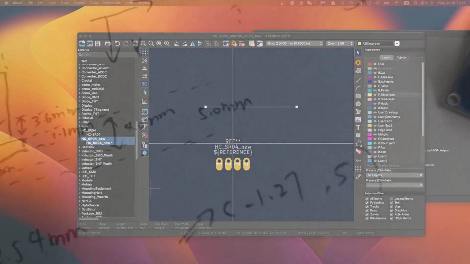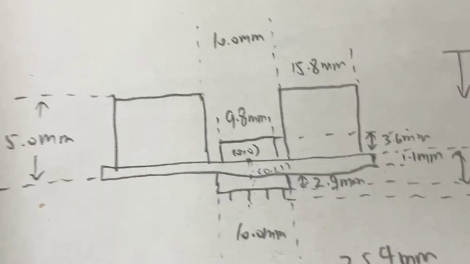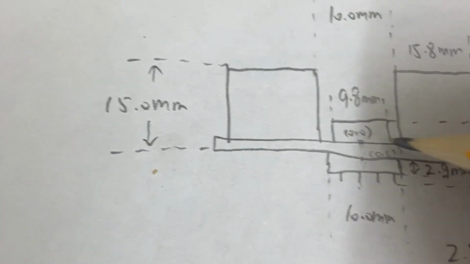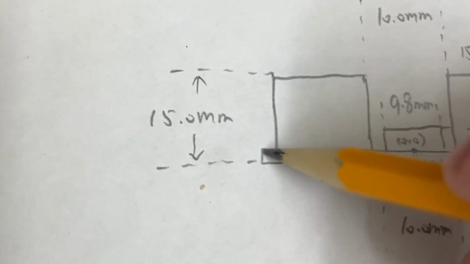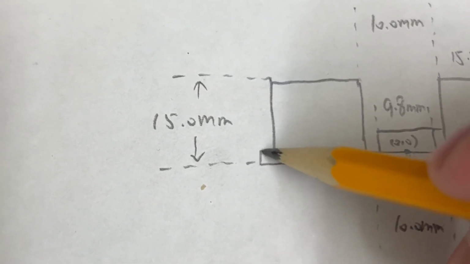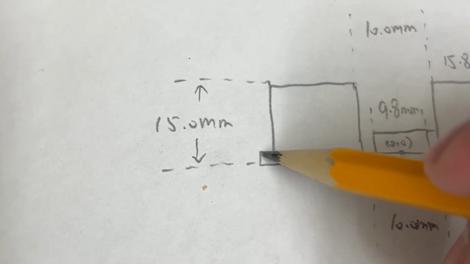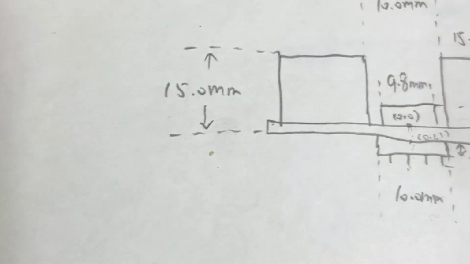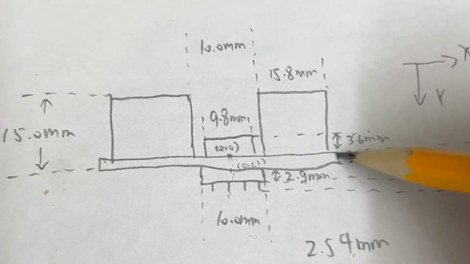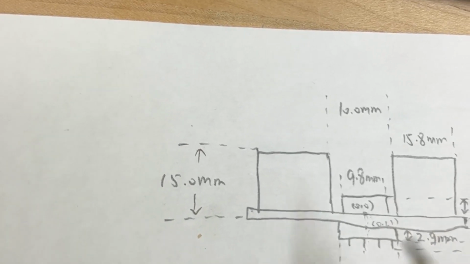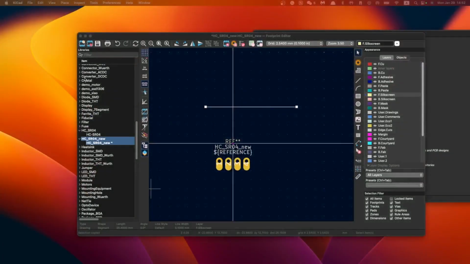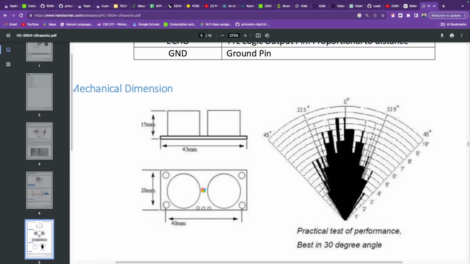For example, as we've seen, this anchor point is 0, 0. I want to first draw a line from the upper left point of this pad to the upper right point of this pad, right? And as we know, the width of the pad is actually showing up here on the data sheet, which is 43 millimeters.